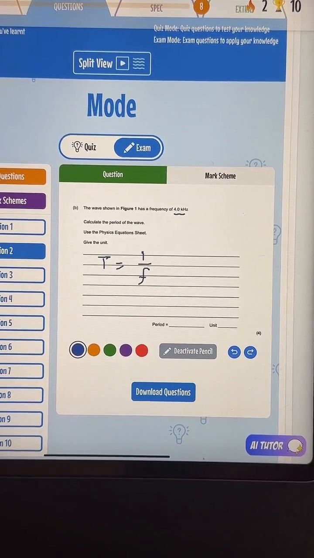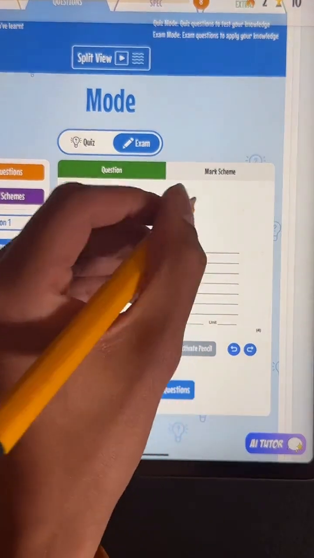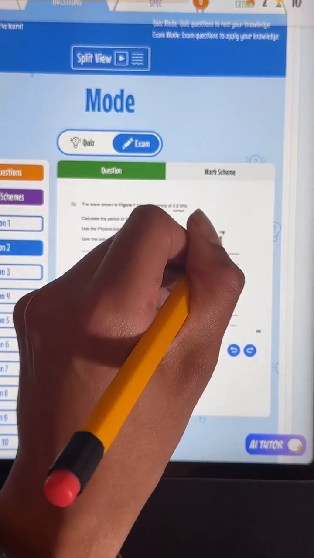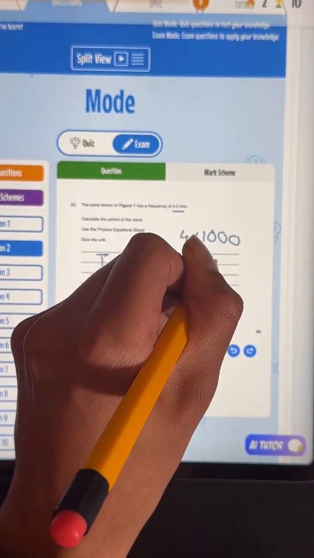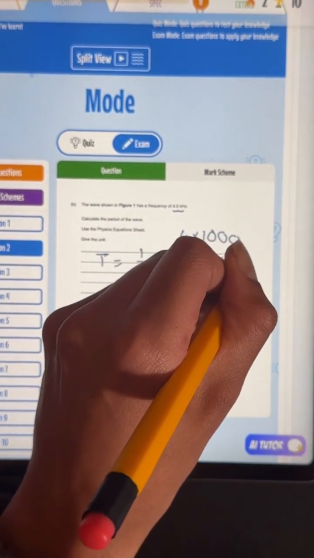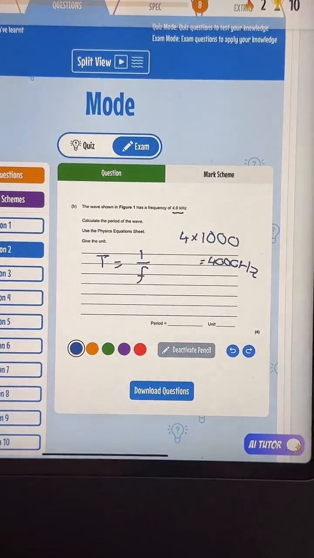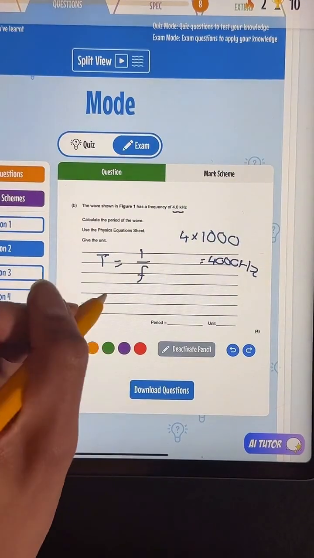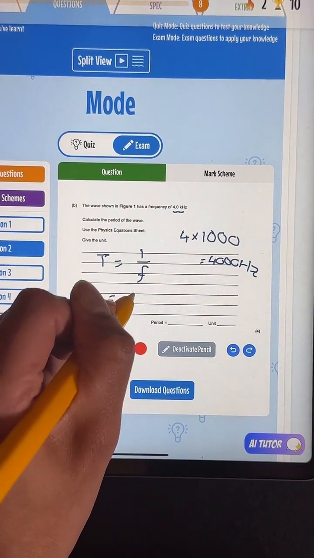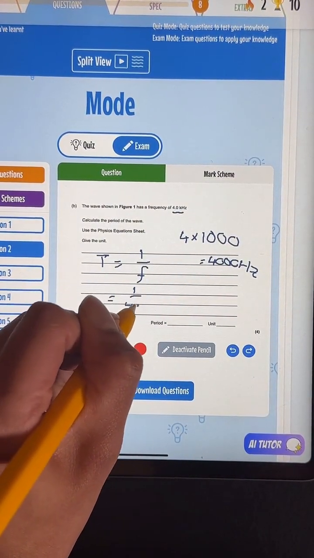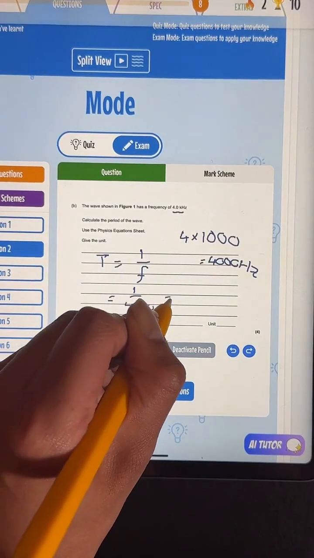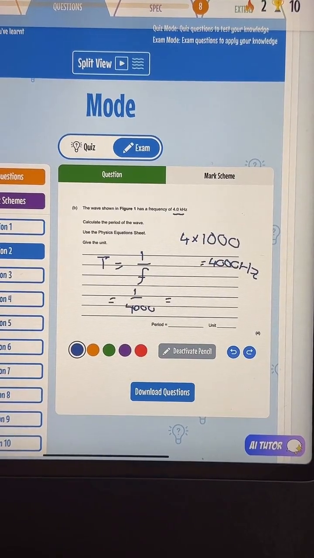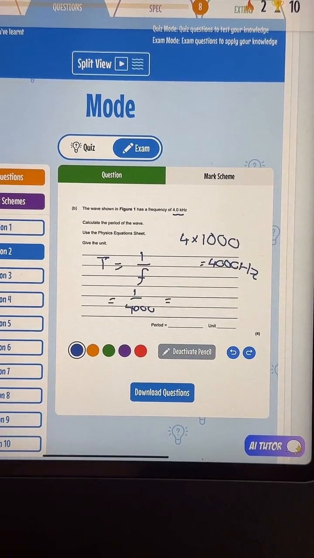Both of you are correct. All of you said 1,000. So we need to do 4 times 1,000 to get 4,000 hertz. Now we're in what we call the standard units to calculate the time period. So now we're doing 1 over f, which is 1 over 4,000, and therefore that is equal to a small number. What is that number?